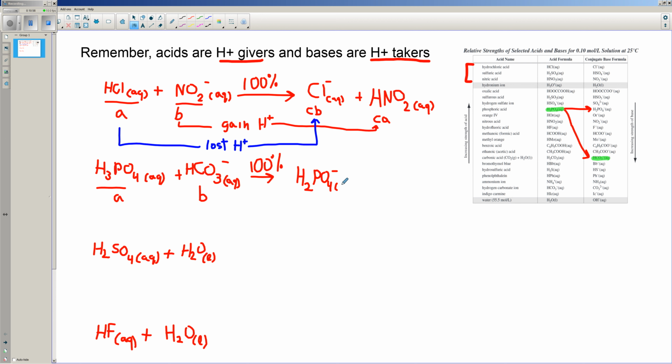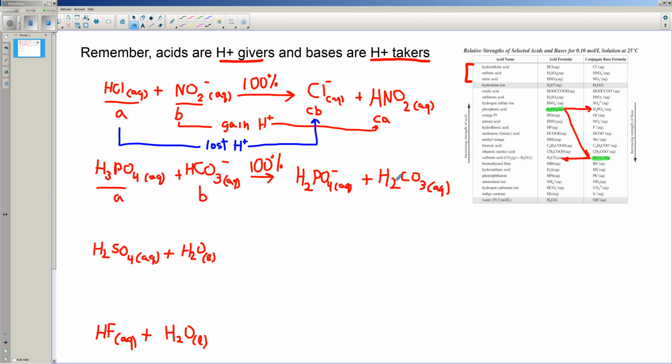And then what happens to HCO3 when it picks up a hydrogen? Well, its number of hydrogens goes up by 1, and its charge goes up by 1. So it was negative before, now it has a charge of neutral. And it used to be HCO3, but now it's picked up a hydrogen, so it's H2CO3.